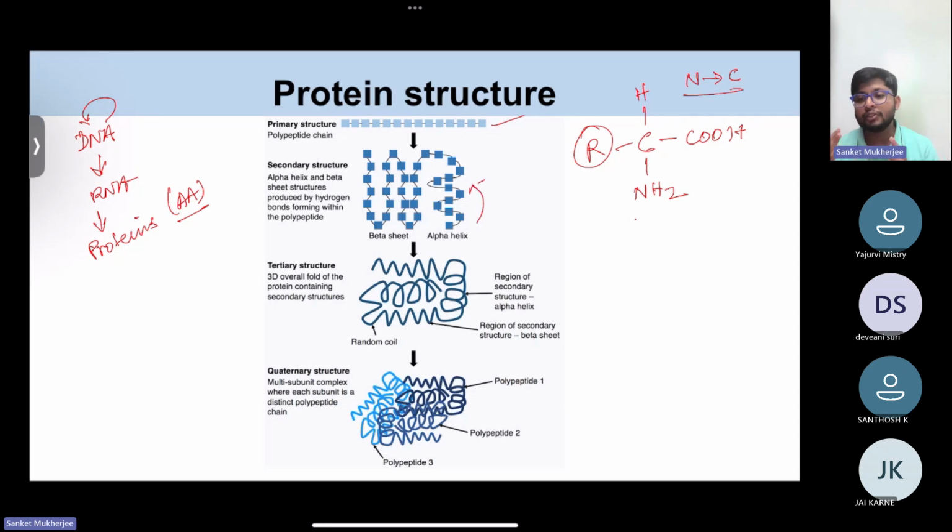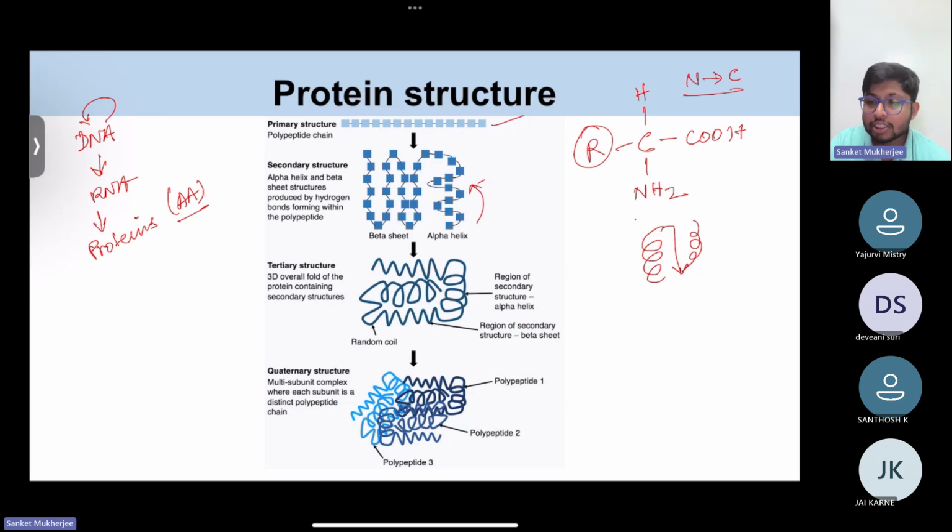The secondary structure is usually two-dimensional, but for example, if a helix is there with the beta sheet and then there is more helix, and these structures are superimposed together, it forms a 3D conformation. That kind of structure is tertiary structure.